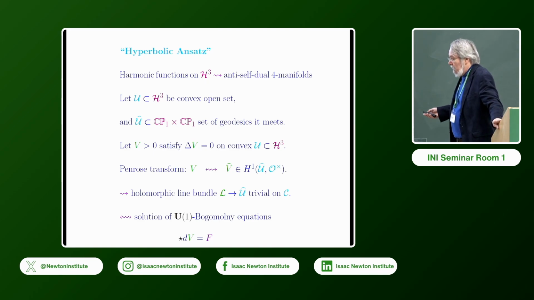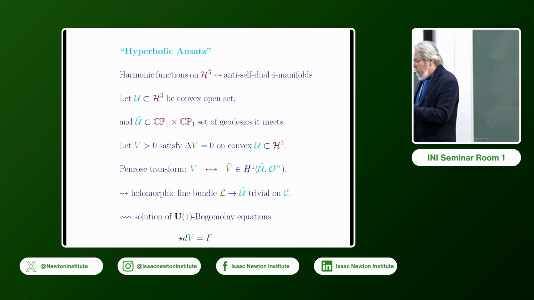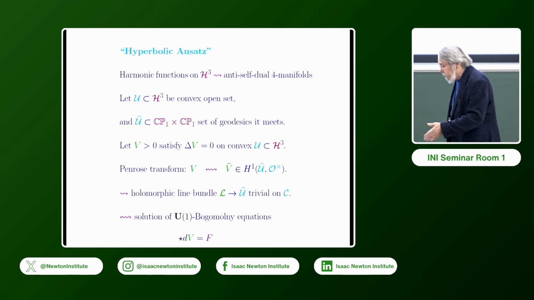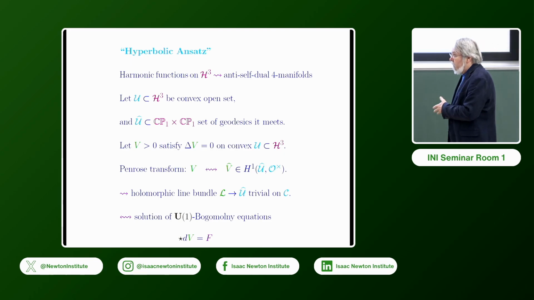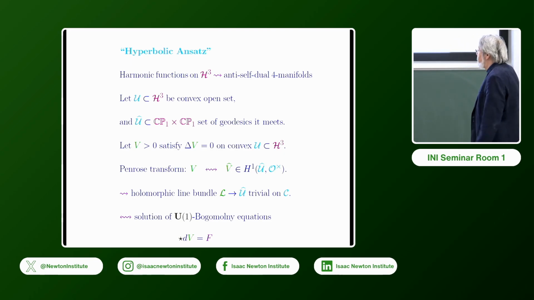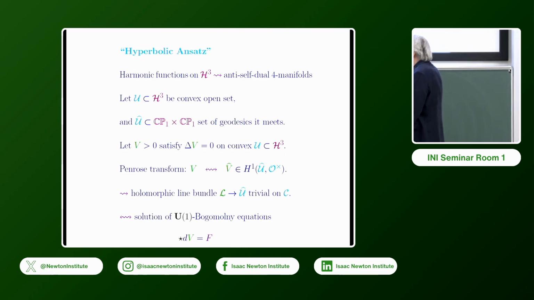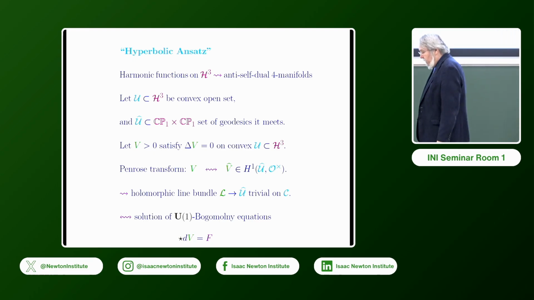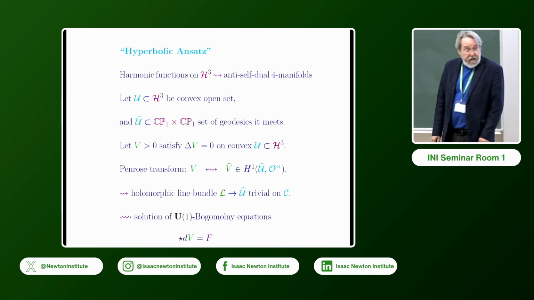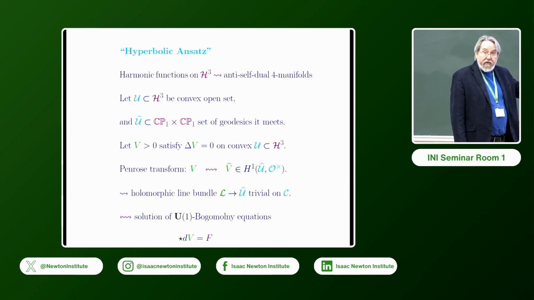So the U(1) Bogomolny equations would say you have a complex line bundle with a connection on it, where the curvature of that line bundle is the Hodge star of some function, where the function is called the Higgs field in this context.